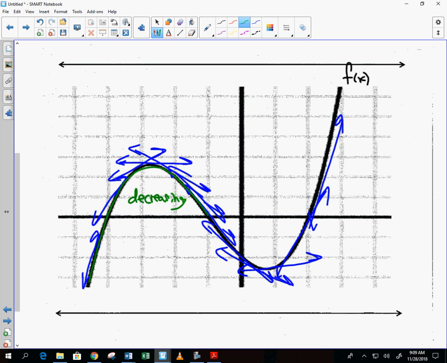The rate of change of the derivative was negative. The values of the slope lines were becoming less and less. What's happening here to those slope lines? They're increasing.